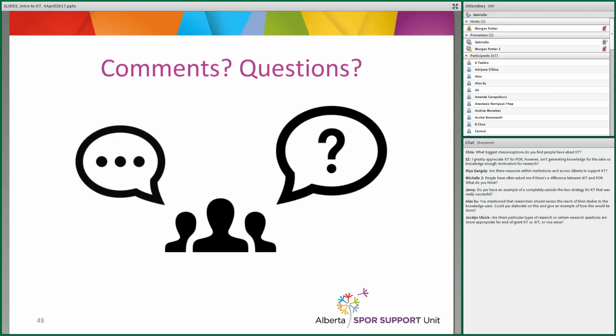Absolutely, and that's what the Alberta SPOR Support Unit KT platform is here for. That's what we do. Any researcher, and that includes clinician researchers and students across Alberta, is able to apply through the Alberta SPOR Support Unit for support in doing your research.